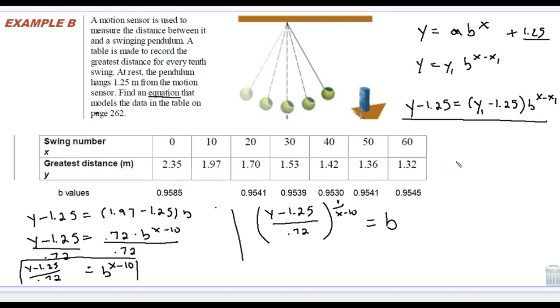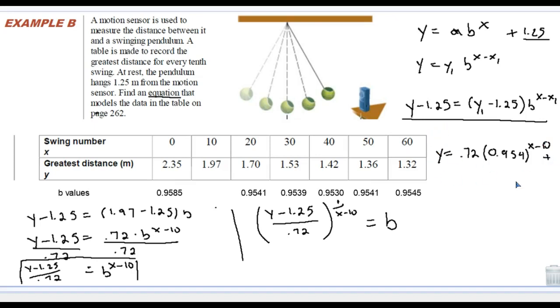So that means my new equation is going to be y equals, let's just write out our whole equation. Are you ready? We're going to use this one, so we can just do 1.97 minus 1.25 and just write it as 0.72, and our b value is about 0.9541 to the x minus 10, and then don't forget that we have to add 1.25.